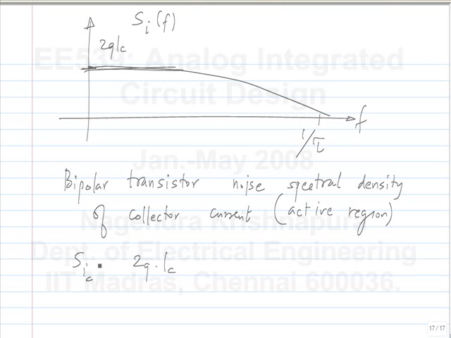It is 2Q times IC. So this is not thermal noise. This kind of noise is known as shot noise. The term comes from, again, the analogy from the vacuum tube era, where electrons firing looks like shots being fired.